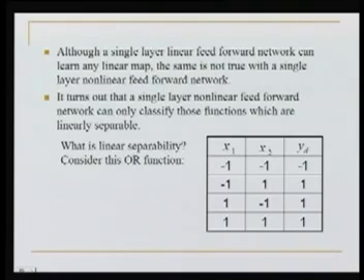We showed last class and today's class that any linear dynamical system can be learnt or identified using a single layer linear neural network, but this is not the case with a nonlinear dynamical function. We cannot identify or approximate any nonlinear function using a single layer neural network. So, that is the bad news.